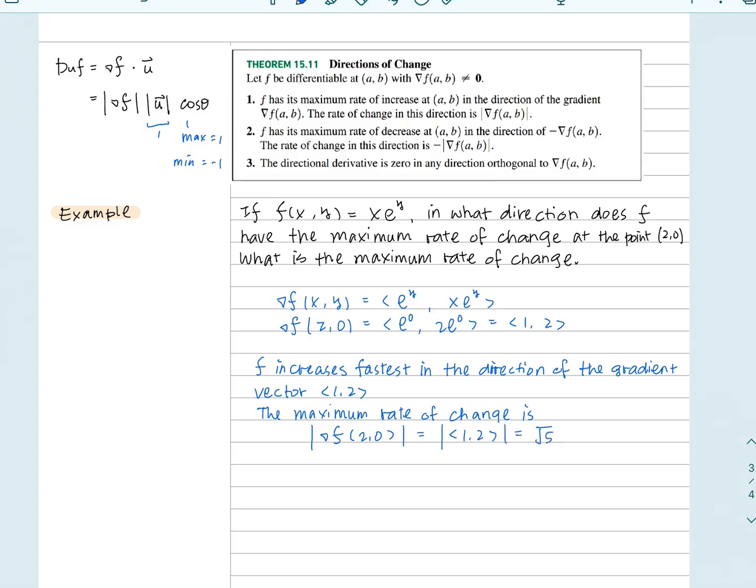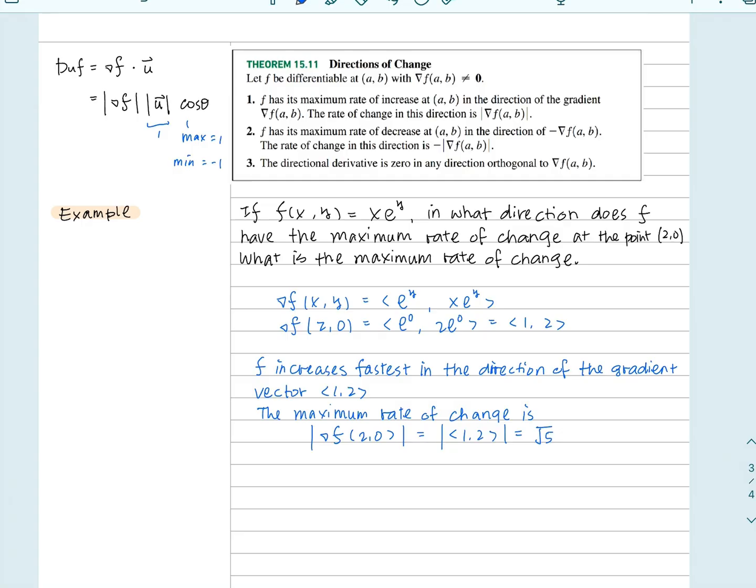So this is the maximum rate of change. If I ask you to find the minimum rate of change, which is actually the maximum rate of decrease, then that's when the directional derivative achieves the minimum value. It should be negative square root of 5.